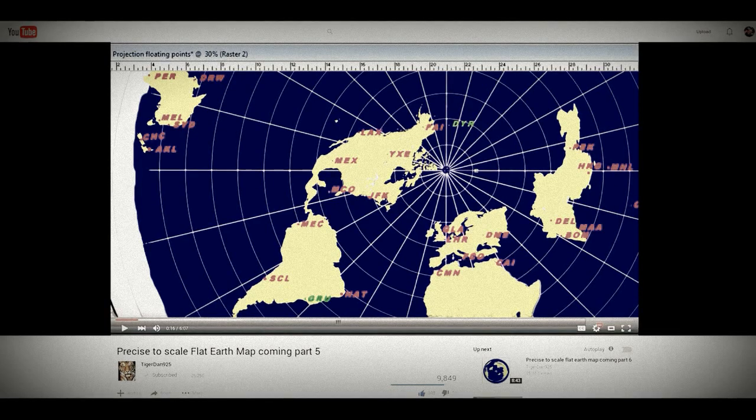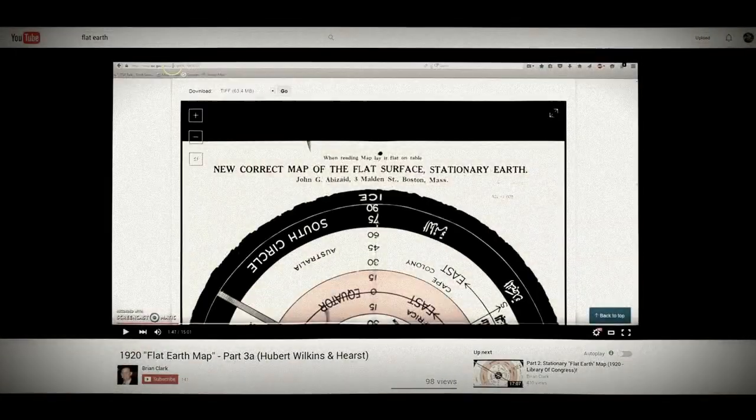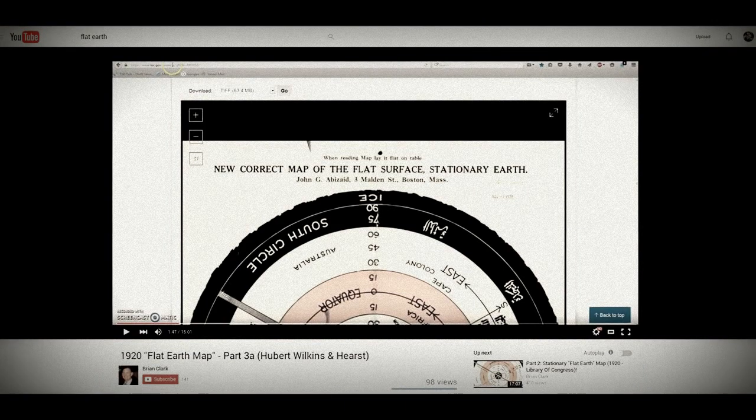Because then, as I'm doing some research for this little video, I find this Brian Clark, that he supposedly, quote-unquote, found a flat Earth map from 1920 in the Library of Congress. Wow. Shocking.